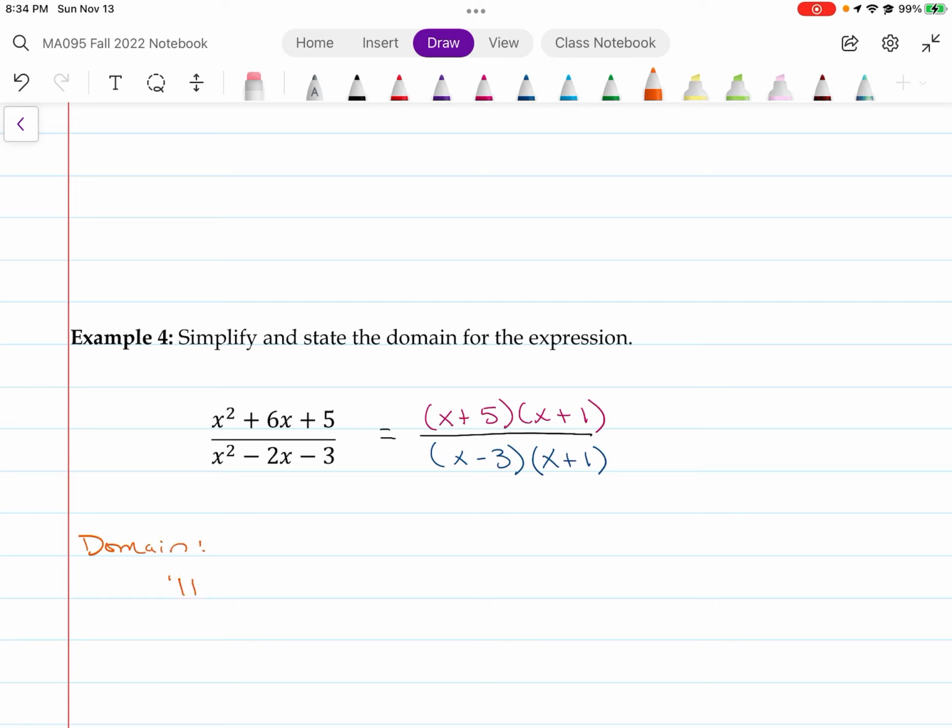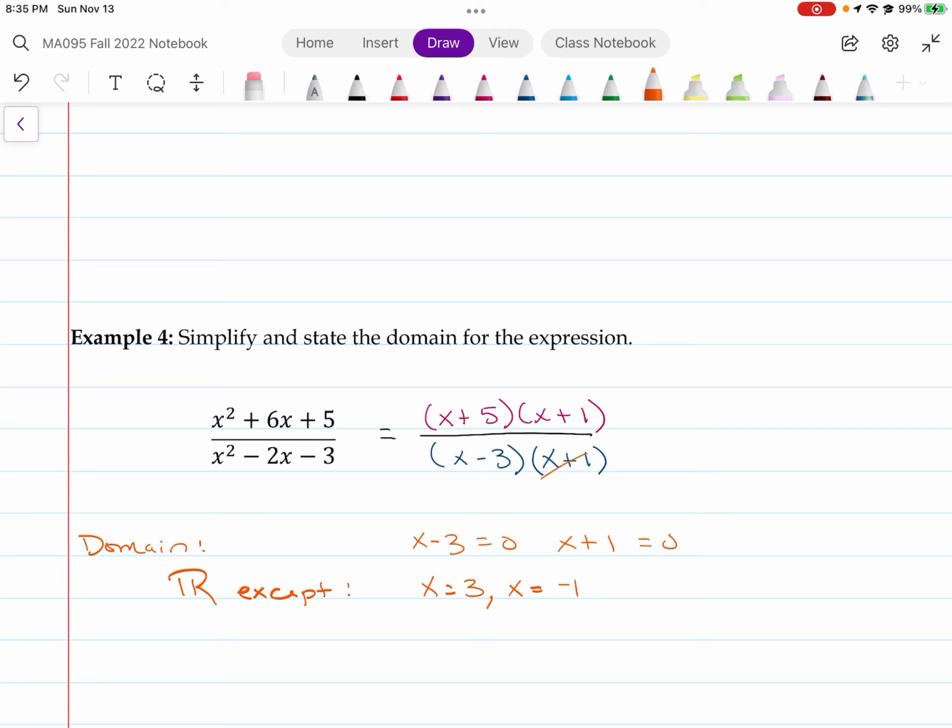It's going to be all real numbers except where x minus 3 equals 0 and where x plus 1 equals 0. So where x equals 3 and x equals negative 1. All real numbers except x equals 3 and x equals negative 1.